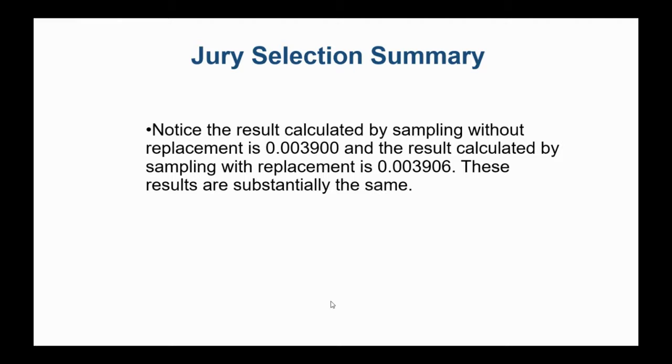Okay, so notice that the result we calculated by sampling without replacement was 0.003900, and the result calculated by sampling with replacement was 0.003906. These results are substantially the same.